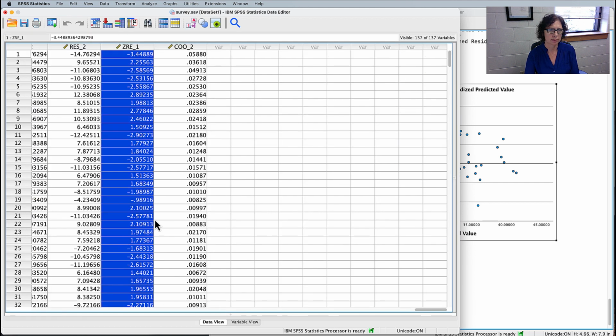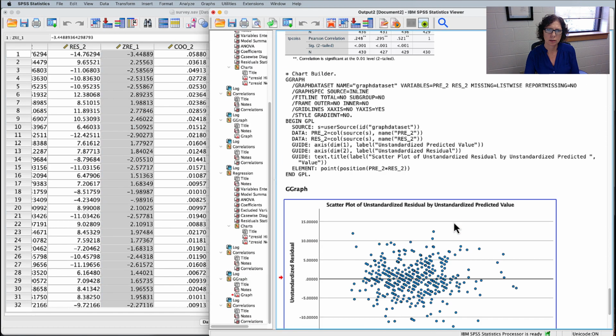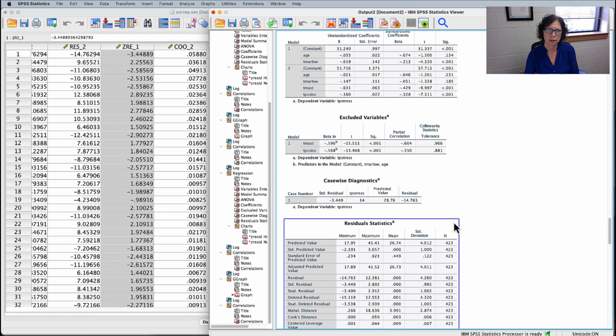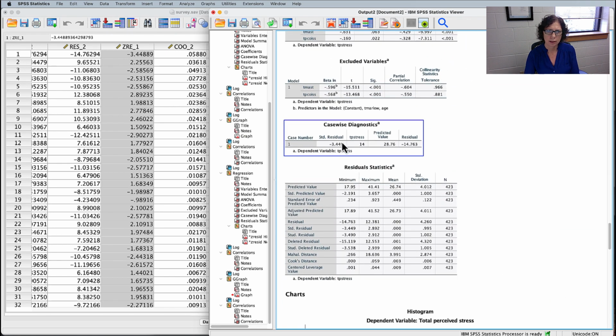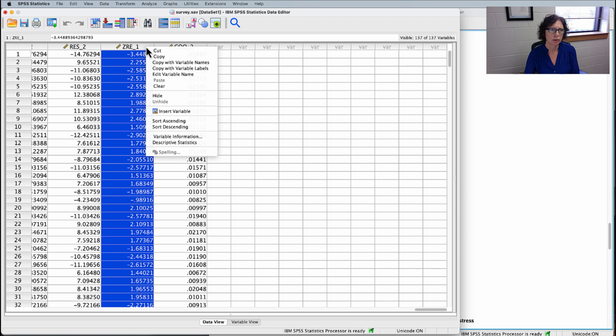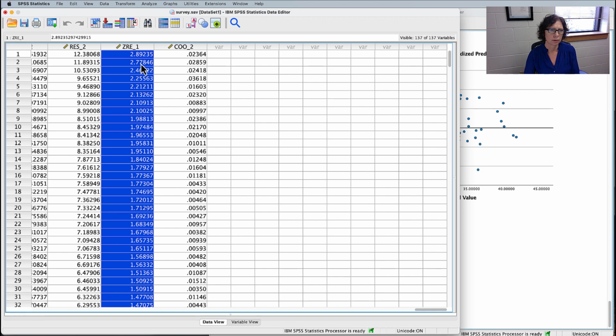In our case-wise diagnostics here, we know that there's a potential outlier with more than 3 standard deviations, and it's -3.449. When we sort the standardized residuals, sorted descending, here is a positive 2.89. So positive 2.89 is not greater than 3.